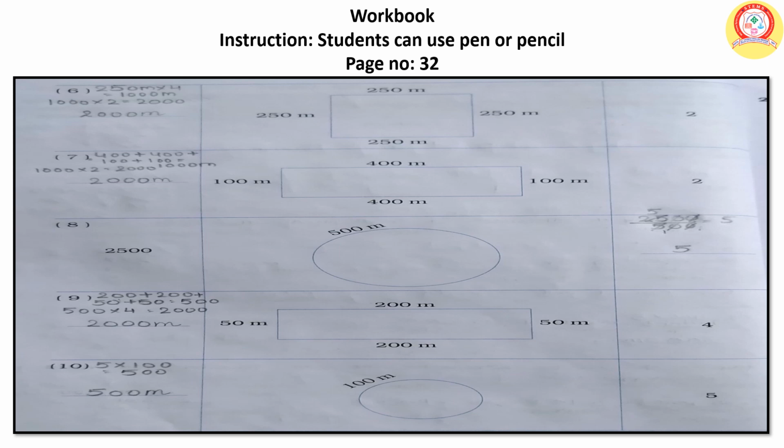So how much distance is required to complete, children? So we will multiply length of the field with the rounds completed, that is 1000 multiplied by 2, you will get 2000 meter.